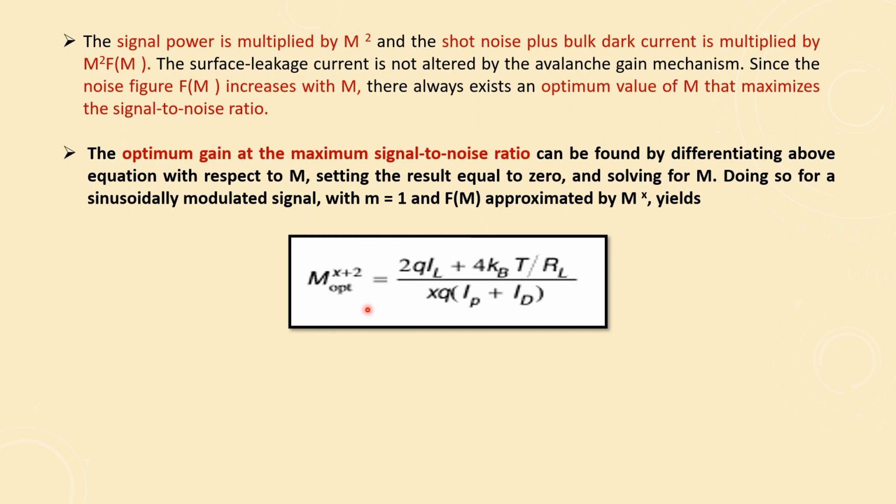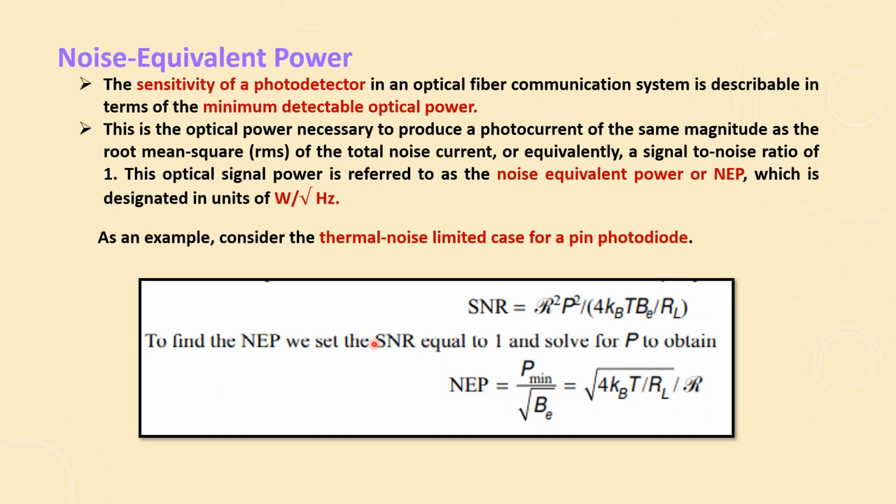Using this M value, this x is the optimum gain at the maximum signal to noise ratio. That is represented by this equation, and by setting the resultant value to 0, we can solve for M. When M is equal to 1, it is a PIN photodiode, and otherwise it is an avalanche photodiode. Like this, we can find the factor also.